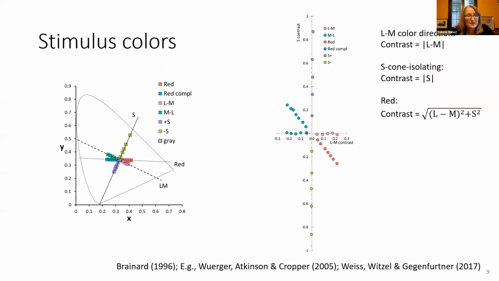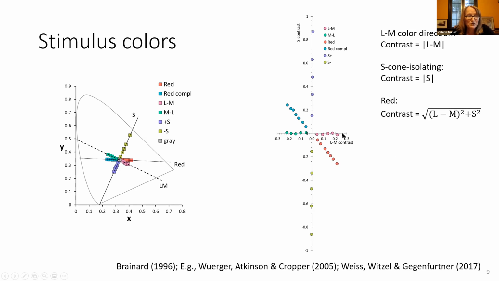Here are the stimulus colors that we used in CIE space, and also in a cone contrast version of the equiluminant plane of DKL space, based on calculations by David Brainard. The representation of DKL space here is useful because it separates responses from the magno, parvo, and koniocellular pathways along its 3 axes. We only used colors in the equiluminant plane, so the contrast along the third luminance axis was 0.